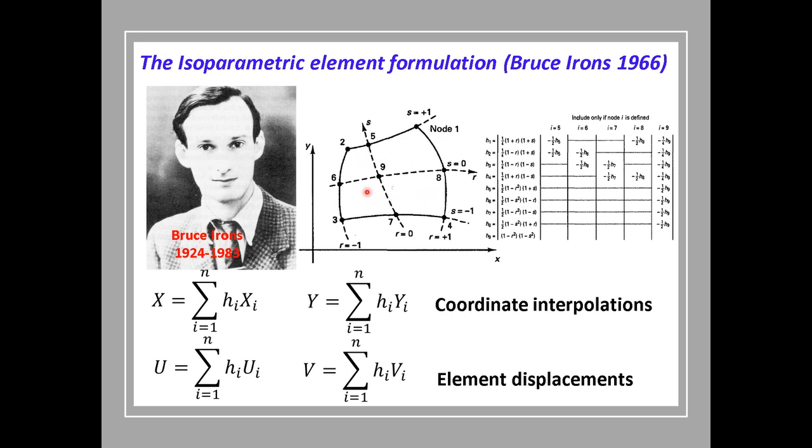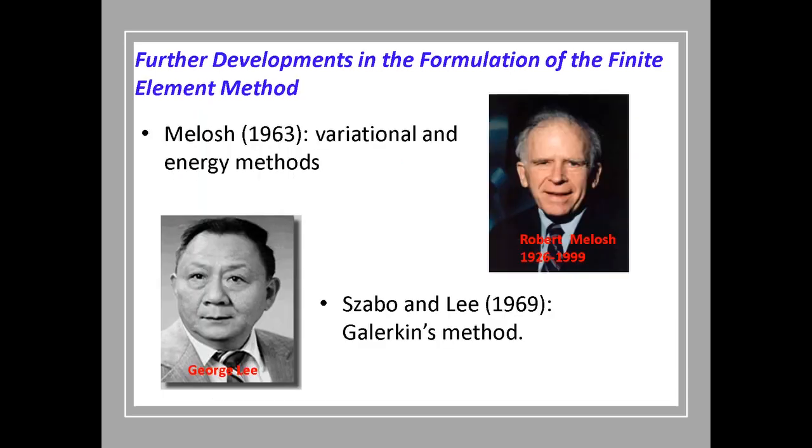This formulation allows deformations at any point inside the element to be provided using the interpolation functions h sub i and the natural coordinate systems x sub i and y sub i. In 1963, Professor Melosh of Duke University demonstrated how the principle of the minimum potential might be used to represent the finite element formulation using variational and energy approaches.